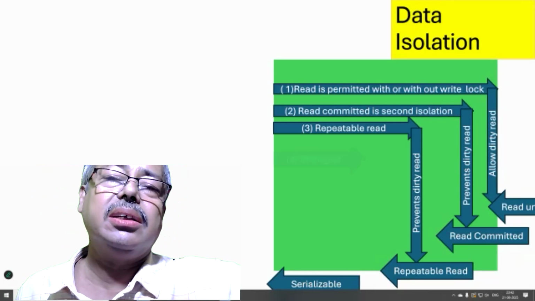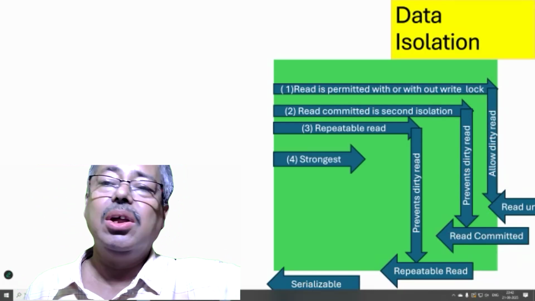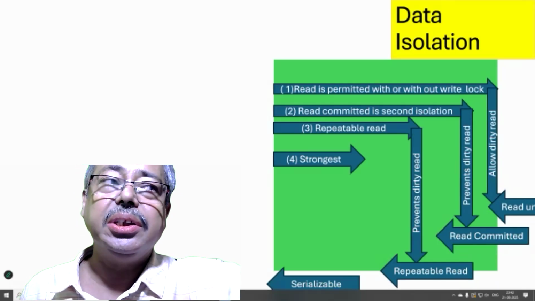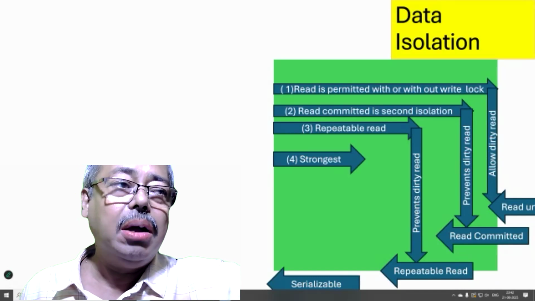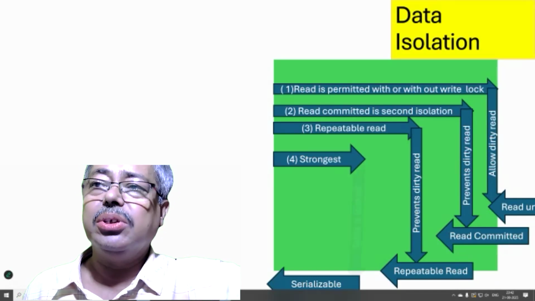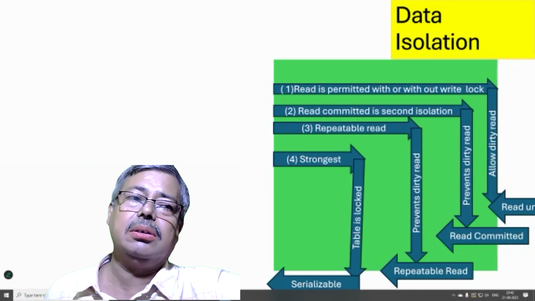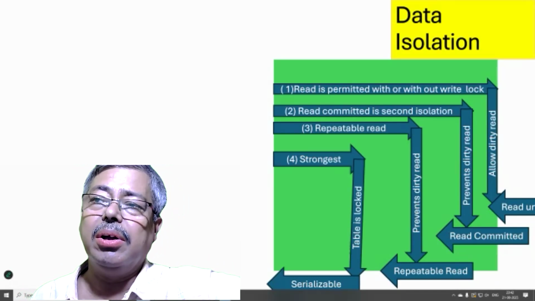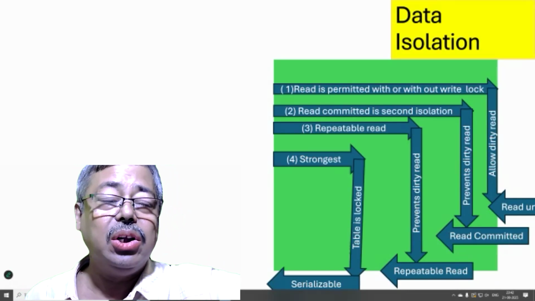And the last isolation is the strongest isolation, when the total table is locked to avoid dirty reading from the database. So both types of isolation mainly appeared here. One is when writing is not locked.